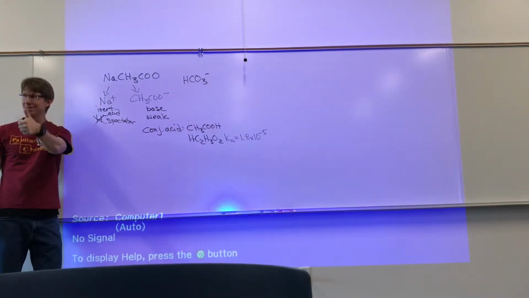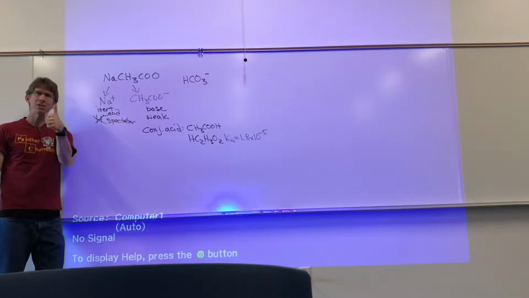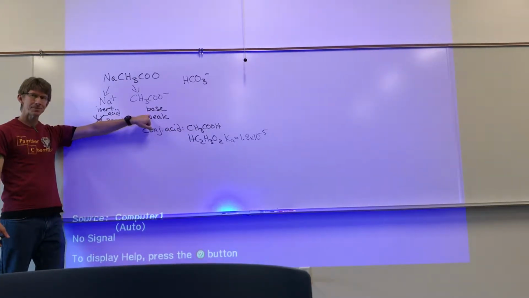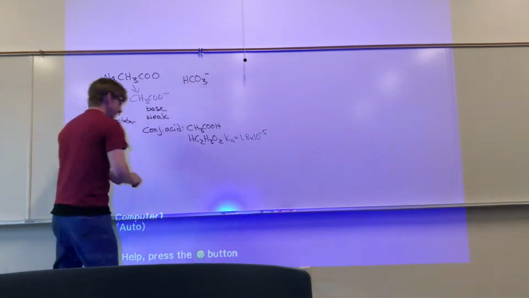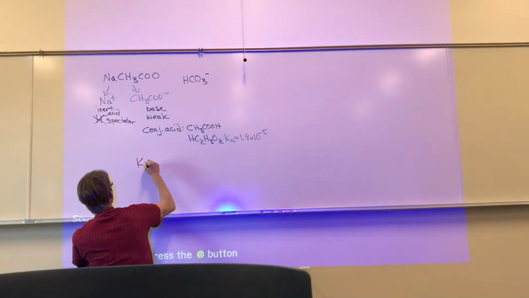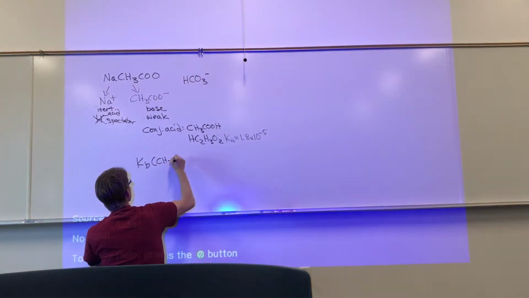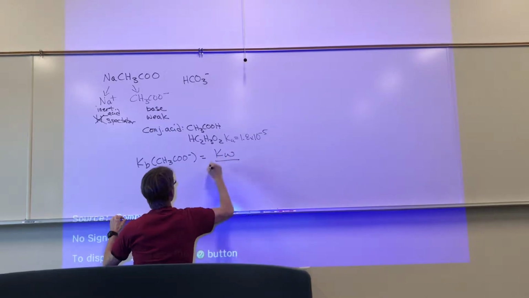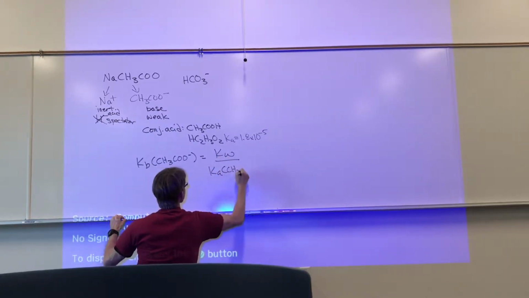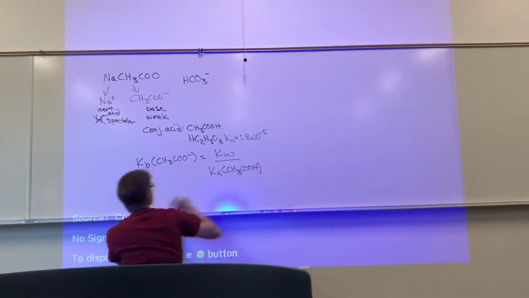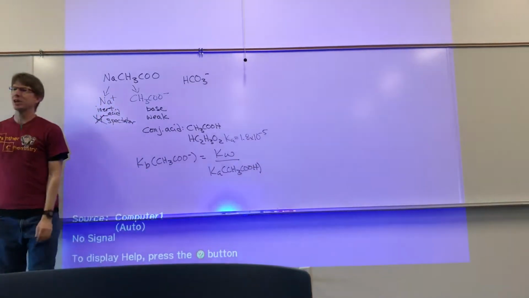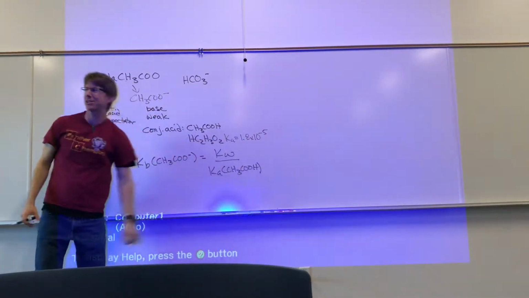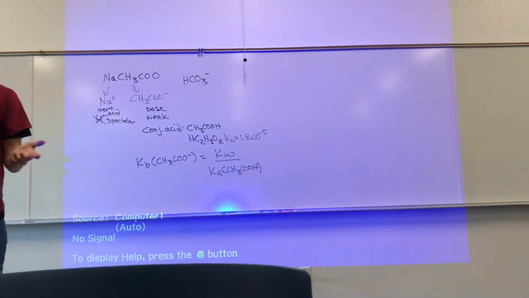All that is necessary. But then you also have to be able to find the Kb for this base. Kb for this base is equal to Kw over Ka for its conjugate. We have Ka for its conjugate from the conversion and equation sheet.